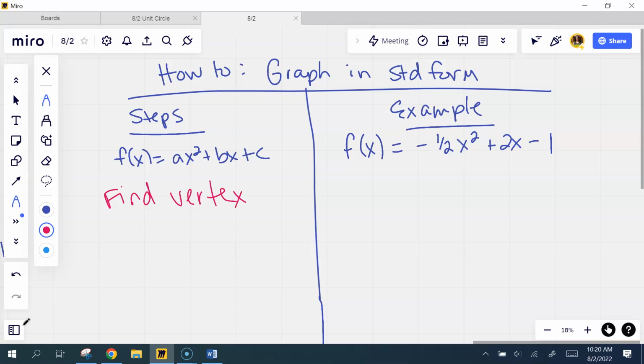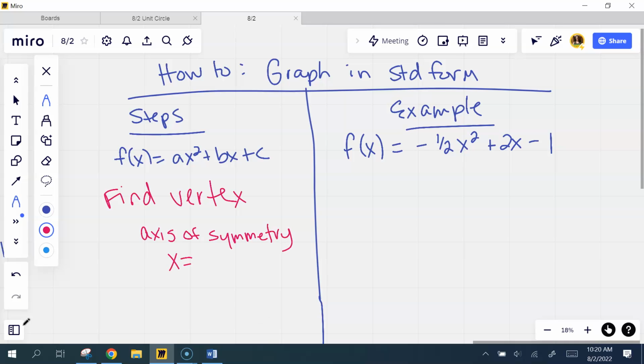What goes through the vertex? What kind of axis? Axis of symmetry. Good job. Axis of symmetry, I think it's referred to as a line of symmetry on your step sheet there. But either one. So the first thing we're going to do is find the vertex. To find the vertex, I am first going to find the axis of symmetry.